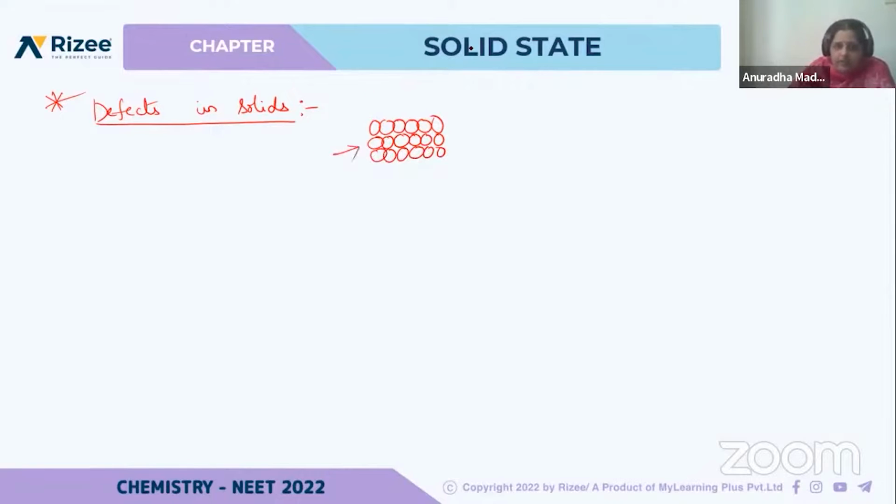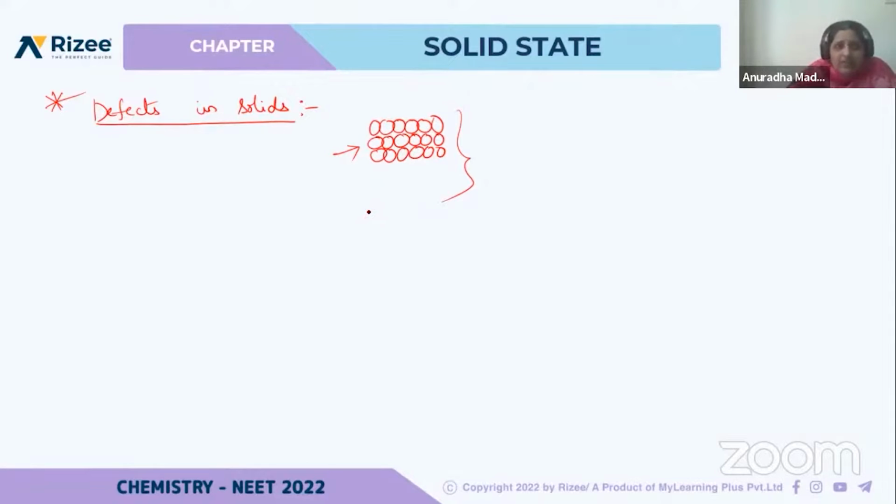This is a perfect crystal lattice. But if any atom, ion or molecule is lost from this pattern by any reason, then that is called a defect in the solid.